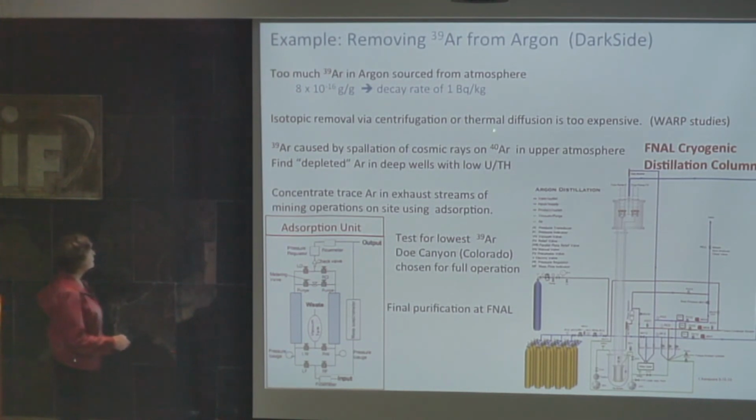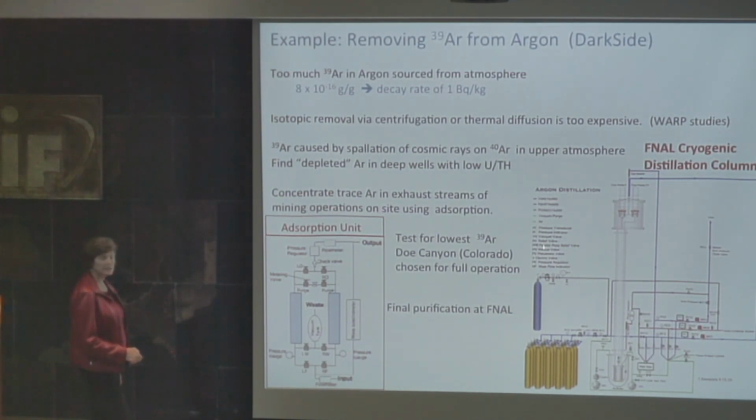So that means you might expect, and it turned out to be true, that by looking for argon in deep wells, going out to a place where there are actual mining operations, and accessing the argon directly from the stream of gases that they're taking out of the well is the way to do it. But you actually have to look around for which well has the lowest uranium and thorium.